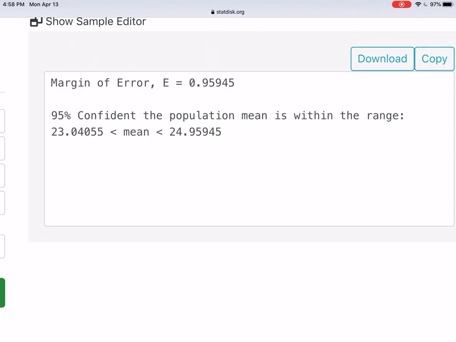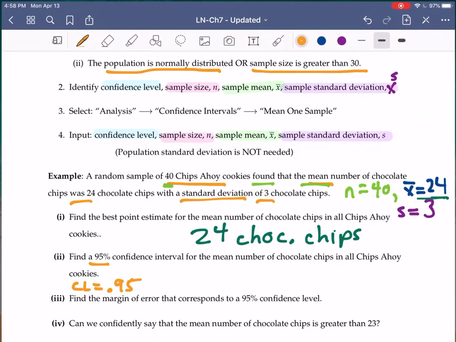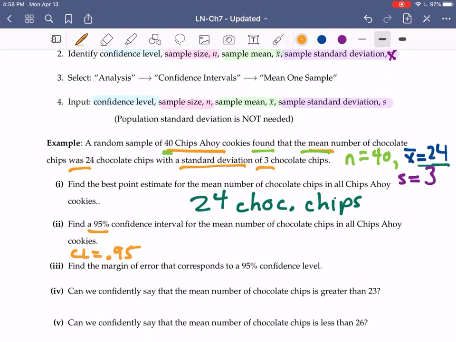So our confidence interval is shown there, 23.04055 to 24.95945. 23.04 to 24.96. So that is our confidence interval.